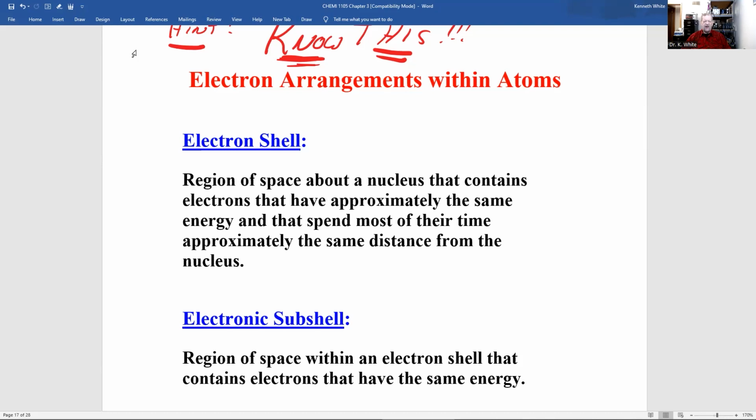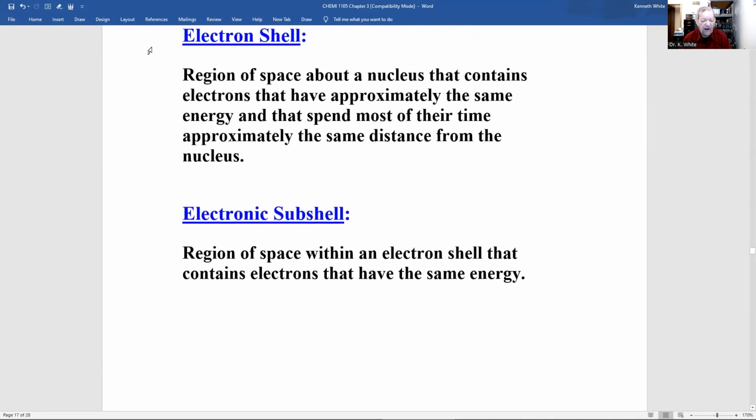Now, each electron shell is made up of electron subshells. And an electron subshell is the region of space within an electron shell that contains electrons that have the same energy. So each shell has one or more subshells.